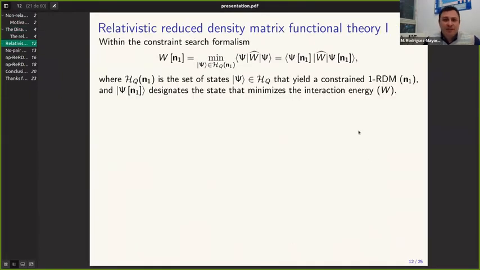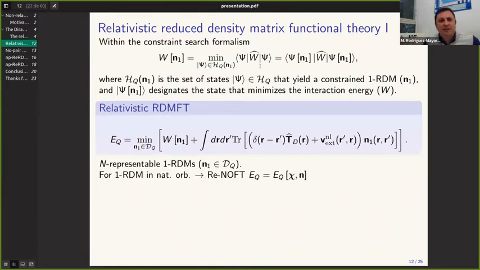So we have all the ingredients. We can introduce the constraint search formalism of functional that searches among all possible wave functions for a particular charge sector that reproduce a given 1 RDM, the constraint search functional.